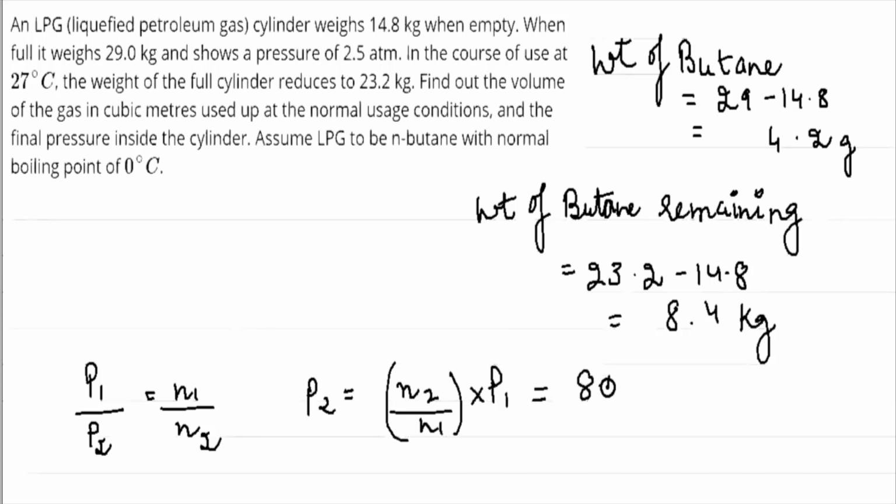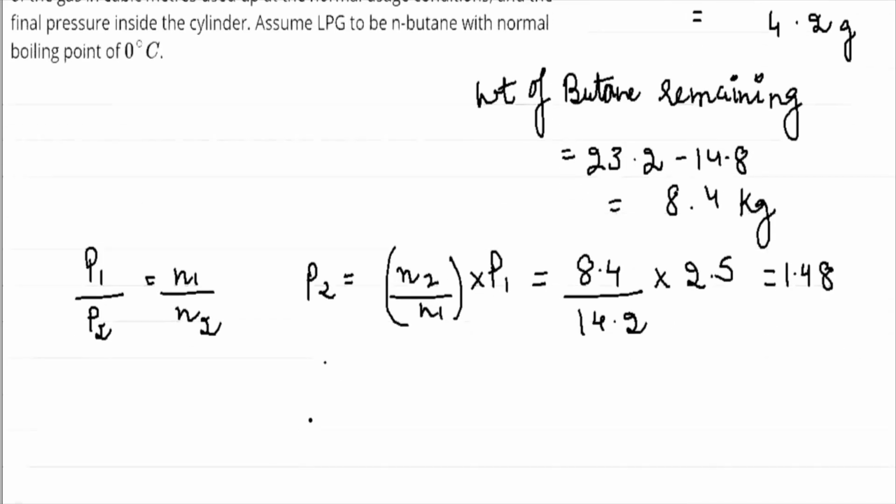So it is coming out to be equal to 8.4 divided by 14.2 and multiply with the pressure value, which is 2.5. So what we are going to get here is the value of the pressure, and upon solving this, we are getting it equal to 1.48.